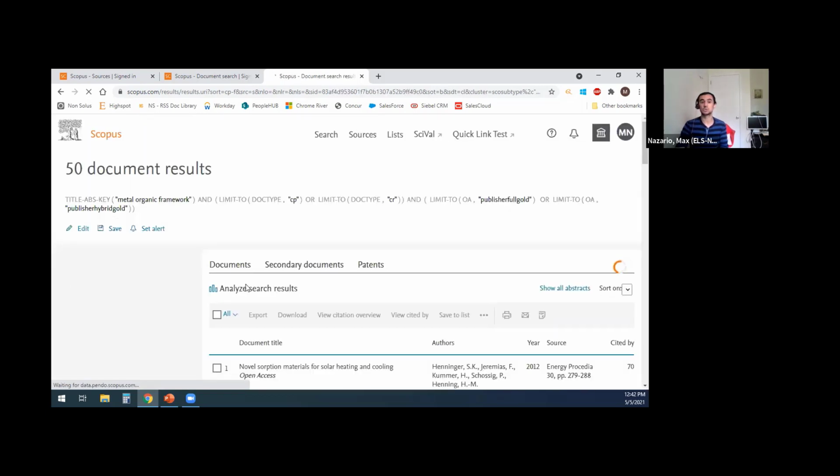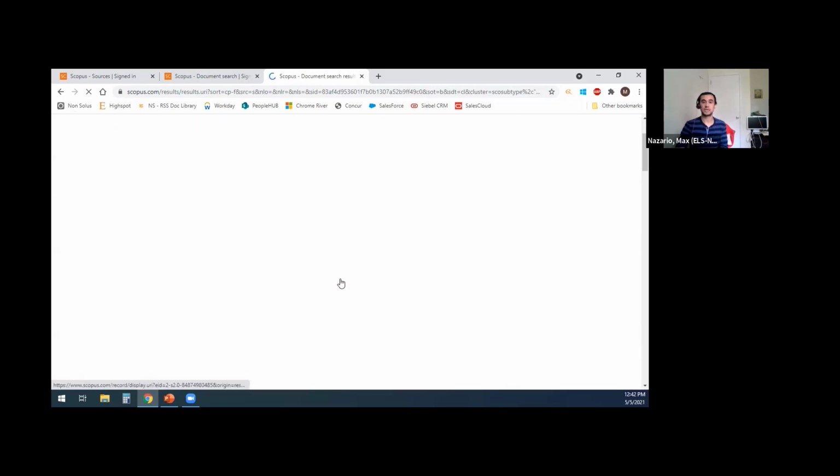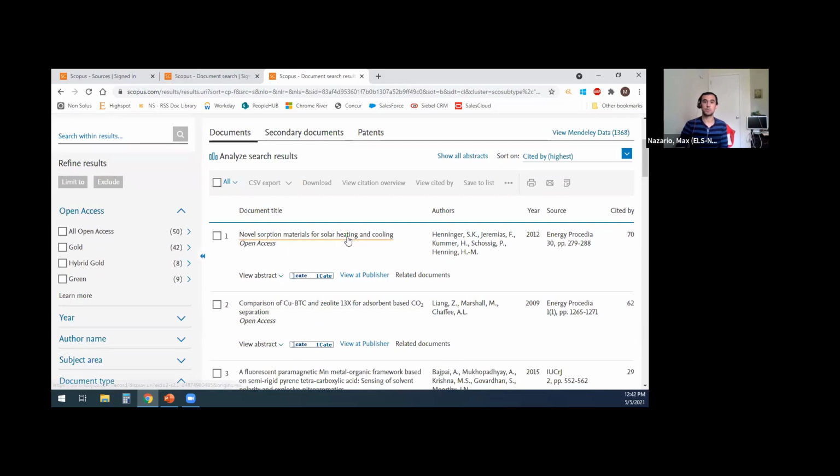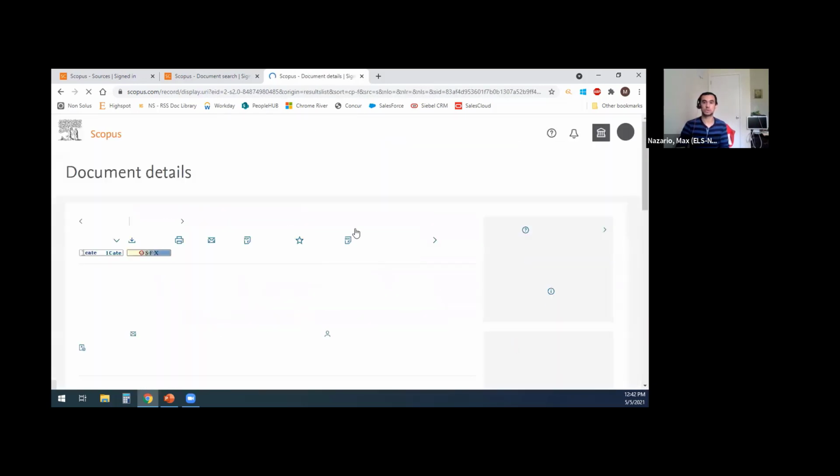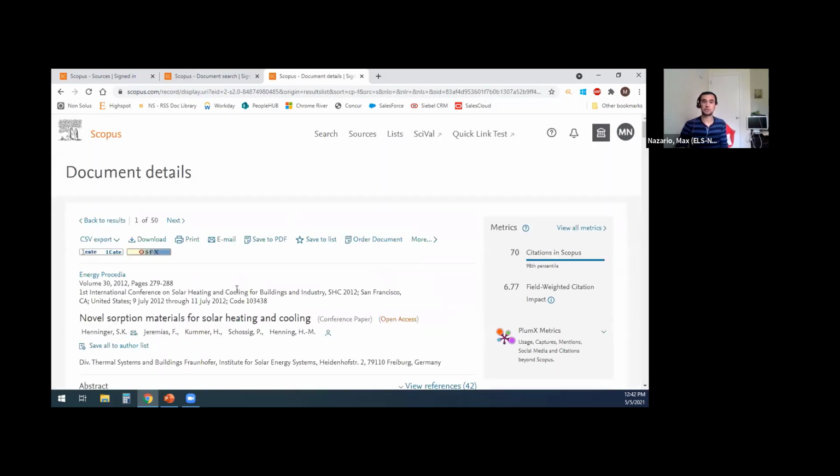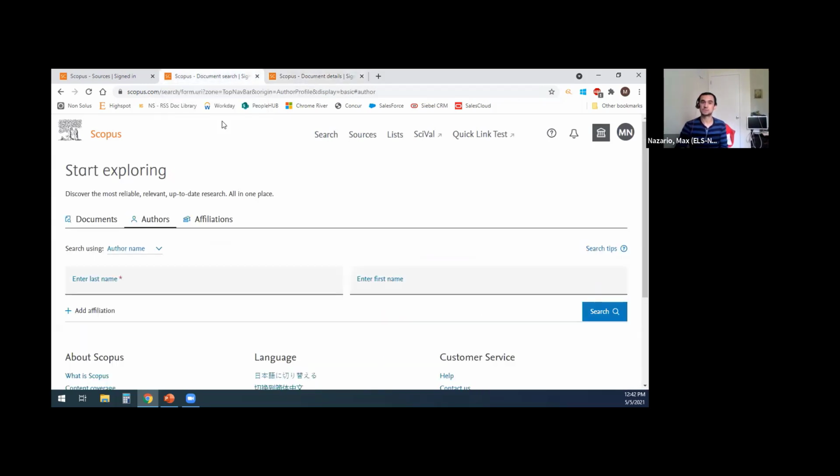Things that are published gold or hybrid gold, and then you can open up these documents, and if you were to go to the publisher website or to a link resolver, you can then find the full text. And you will not need any kind of subscription in order to get access to those.